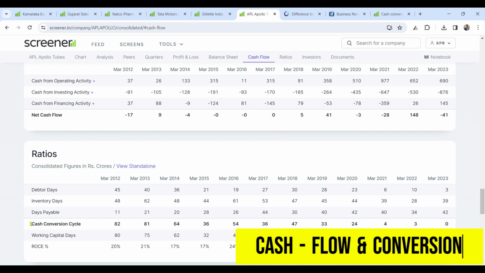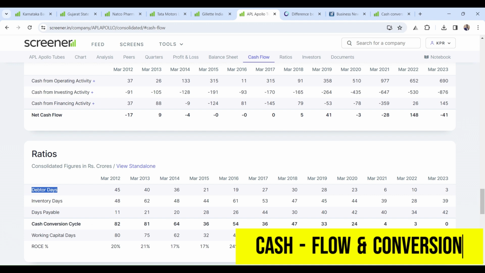Basically, the number of days it takes to convert into cash, the number of days the debtors take to pay the money back to you. These days should be lesser for a business. Rather, in that company, these ratios were high, meaning the value was not converted into cash and did not come back to you on time.